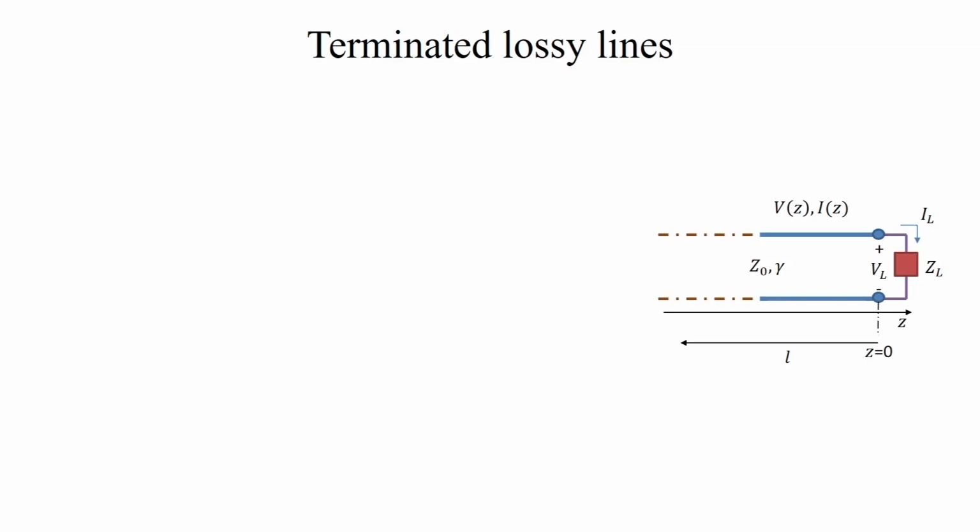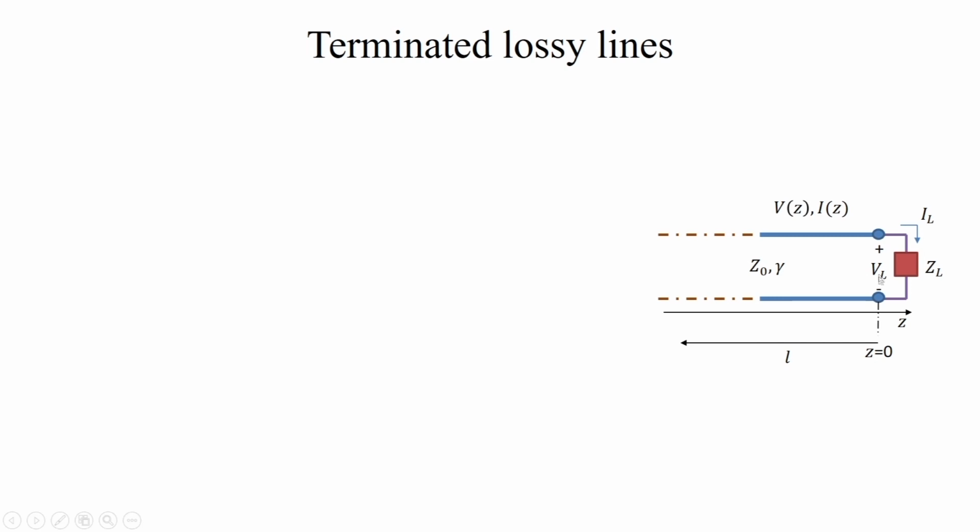So, let us now consider another case when a transmission line having a propagation constant gamma and characteristic impedance Z naught is terminated to a load impedance ZL.